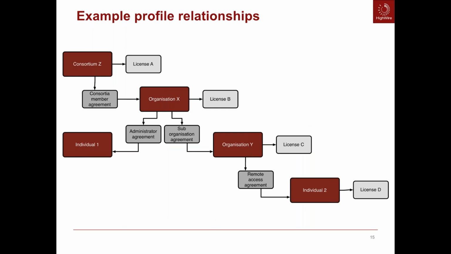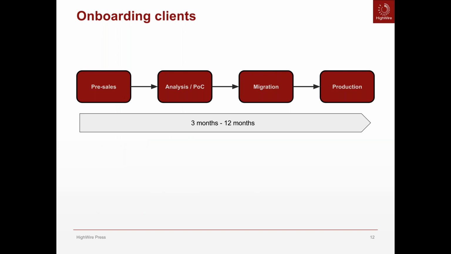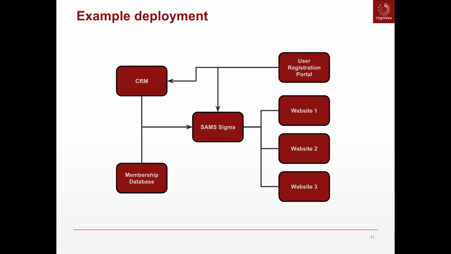Okay. Well, if we go back to that example. So if we look at this particular example here, obviously this is not for consumption outside of HighWire, but this is a simplified view of the Royal Society of Chemistry.